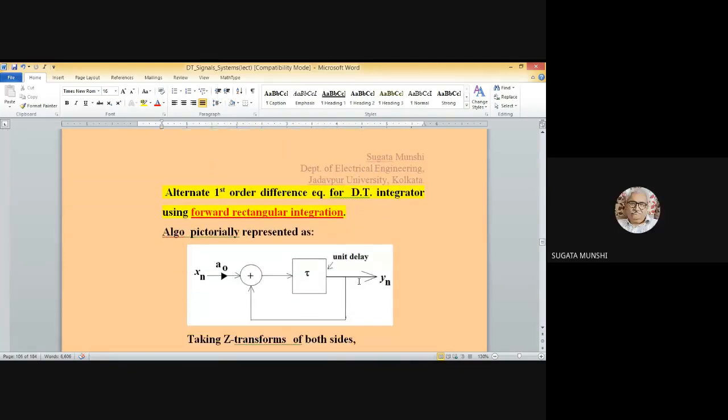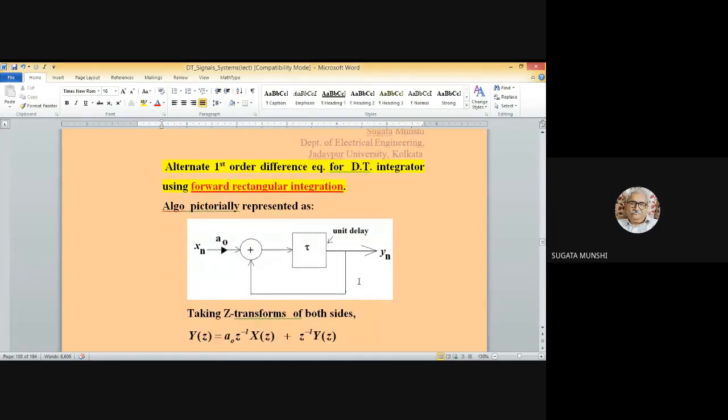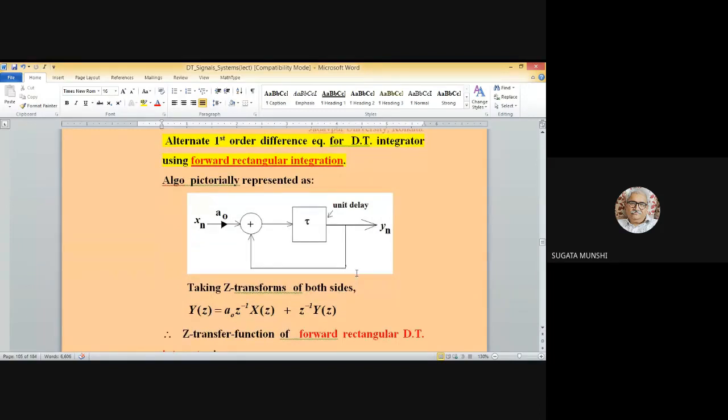So that is the alternate first order difference equation for discrete time integrated using forward rectangular integration. Now apparently this is the block diagram representation of the structure, and this structure you will find in many textbooks.